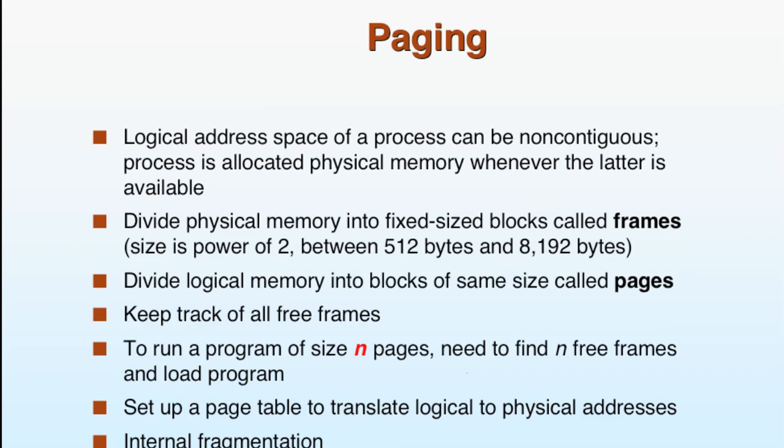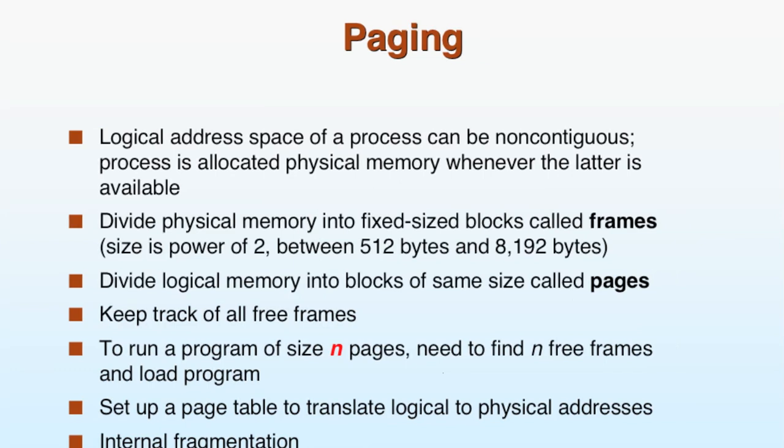Instead, what we could do is take all the free frames, allocate them to pages, and then allocate the process as pages. So paging solves the problem of contiguous allocation and creates a better abstraction of the memory. And pages are nothing more than an operating system abstraction.